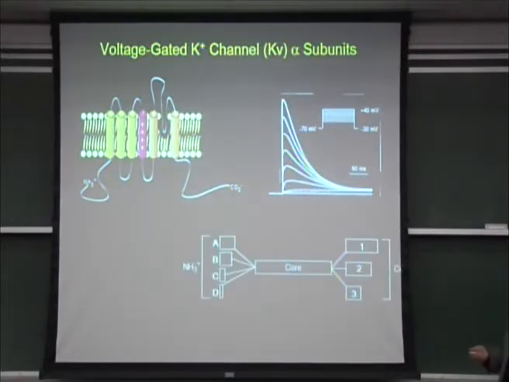So in Drosophila, it was immediately recognized that there was a considerable extent of alternative splicing of the Shaker transcript. So there's a lot of splicing in both the N-terminus and the C-terminus. And interestingly, if you express the different splice variants in a heterologous expression system, you produce voltage-gated potassium channel currents with markedly different kinetic properties.